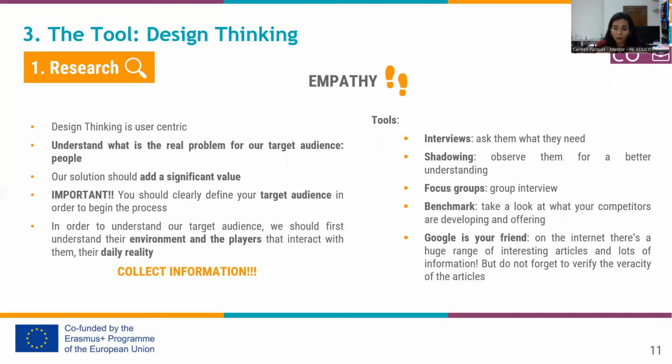There are several tools in order to do that. You can use, for example, interviews to ask what they need, or focus groups, that is a group interview. We can use also the shadowing tool, that means to observe these people in order to better understand what they are doing, or the benchmark tool, that means that we have to analyze the competitors that have similar solutions in order to find which are the areas that they are not covering.